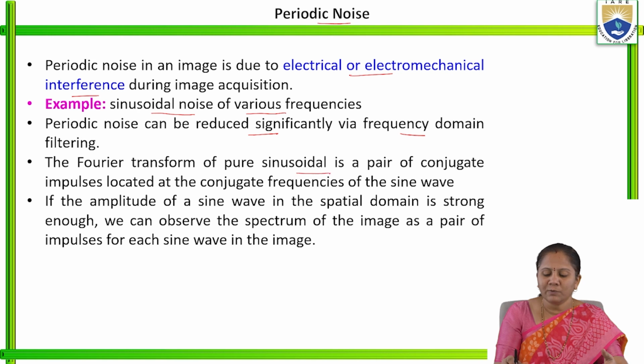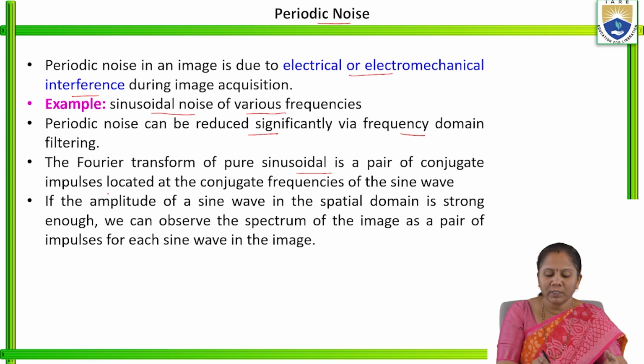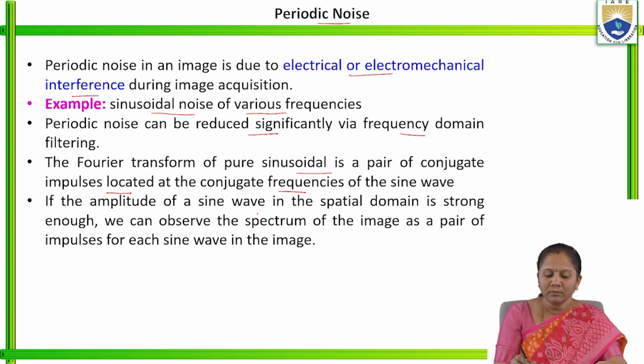The Fourier transform of a pure sinusoidal signal is a pair of conjugate impulses located at the conjugate frequencies of the sine wave. So here we have to consider two conjugate impulses that are located at conjugate frequencies.